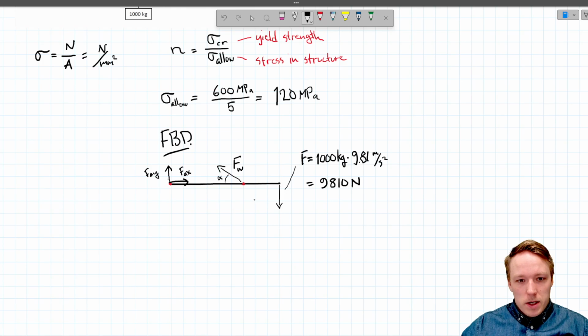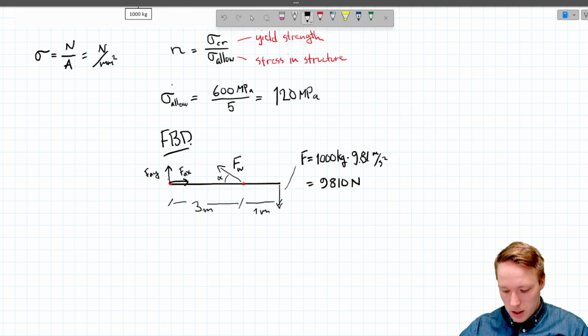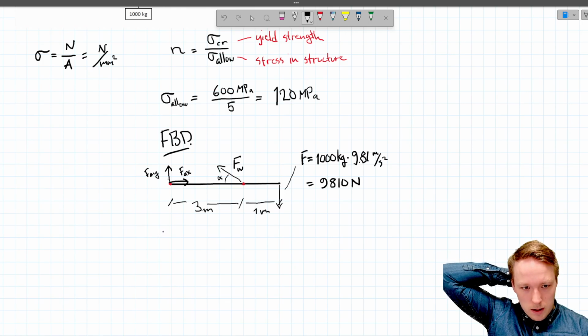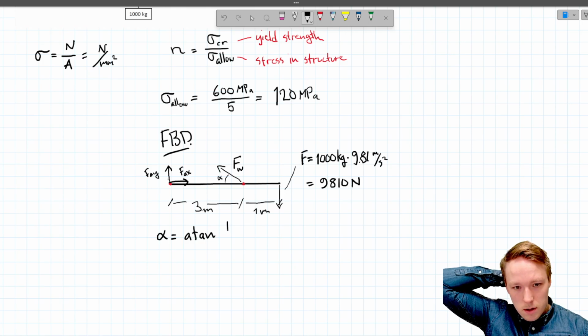A little bit about the dimensions in here. We're going to need these dimensions. The length of this section was 1 meter, and the length of this section was 3 meters. So first let's solve the angle alpha. The angle alpha will be arctangent of 1 meter divided by 3 meters.